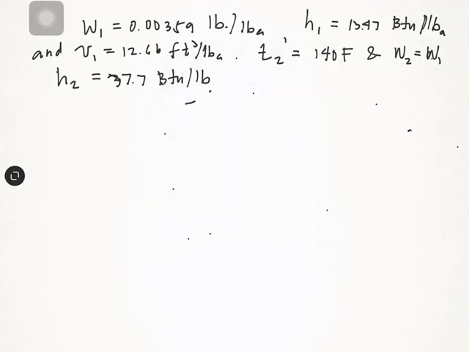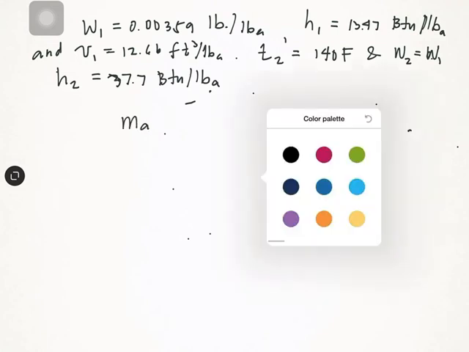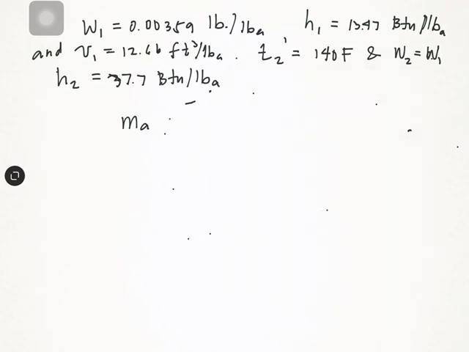Also our MA is 2000 over 12.66 times 60. This is equal to 9479 pound mass of air per hour.